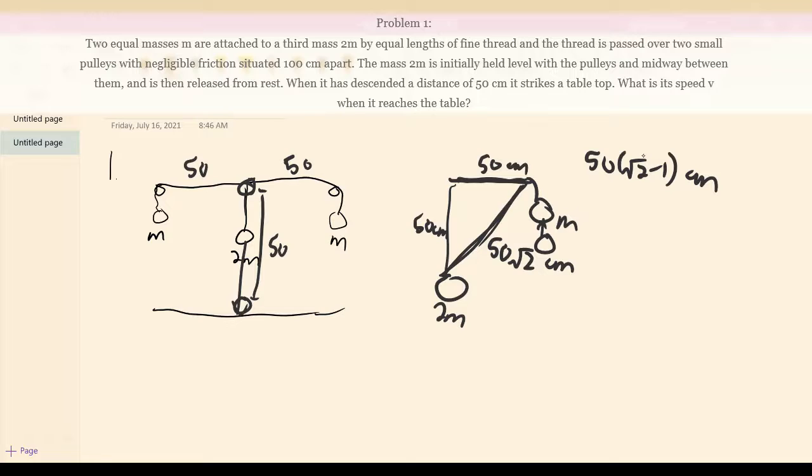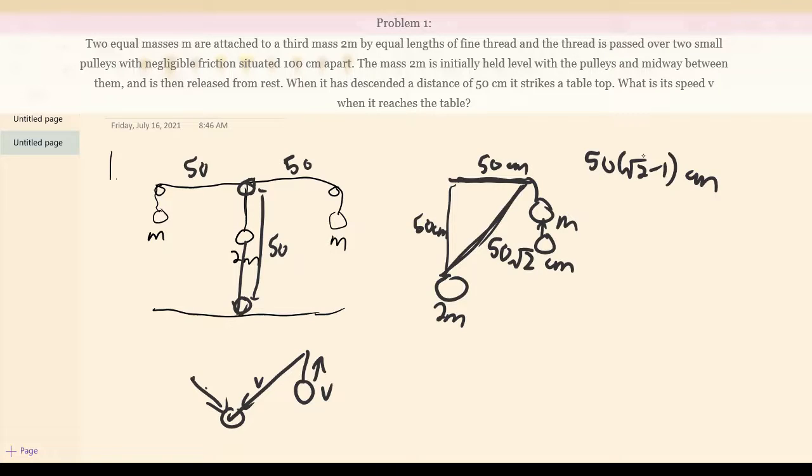thing to apply conservation of energy, which is the relationship between the velocities of the larger mass and the two smaller masses. If this smaller mass m has velocity v, which is going up, then this big mass 2m also has a velocity v going into it, as you can see, and it's the same on the other side.